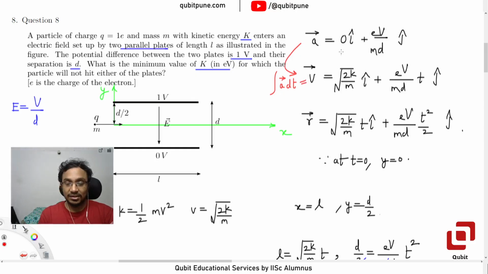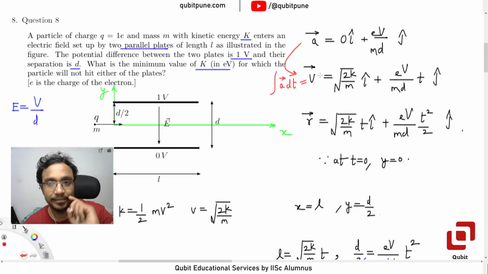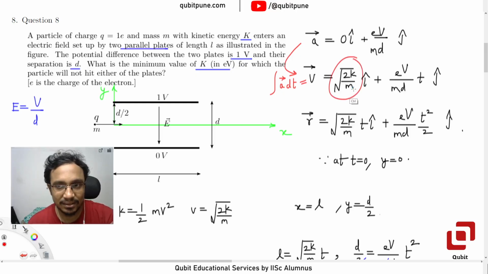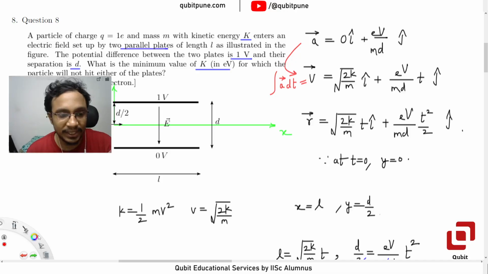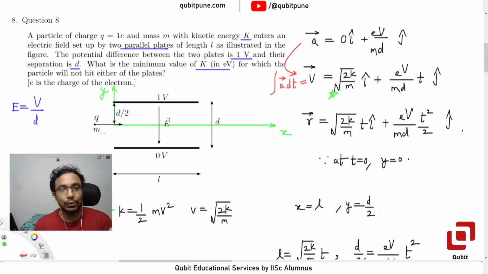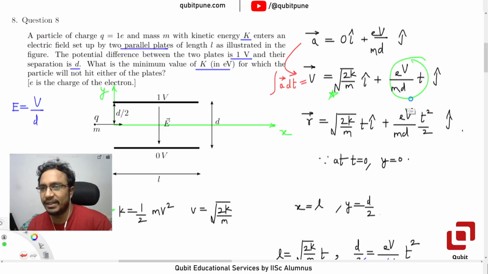Now I know this is a constant because there is no acceleration along x, but then it took me to kinetic energy. तो मैंने क्या किया यहाँ पे इस एक्सप्रेशन में I have written the initial velocity in terms of kinetic energy. k is half mv squared, v becomes root of 2k by m. ठीक है, but on the other side there will not be any constant of integration, rather this c will be 0, क्योंकि इस पार्टिकल को कोई भी y डायरेक्शन में वेलोसिटी नहीं है बिफोर इट एंटर्स द कैपेसिटर. ठीक है, तो सिर्फ वो eV by md into t हो जाएगा.